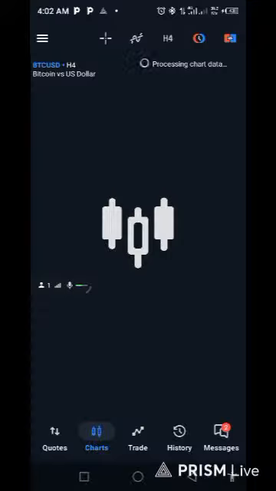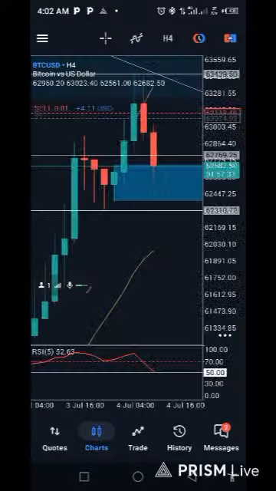Allow it to finish the movement on the FVG or the other block. Get a confirmation like an engulfing candle or a shooting star, those two especially, before you enter the trade.